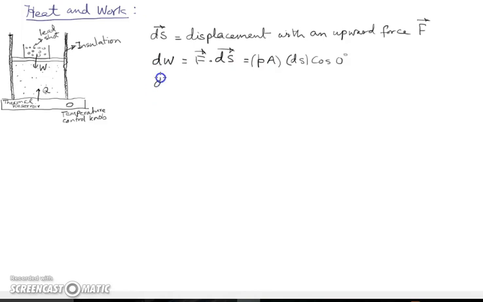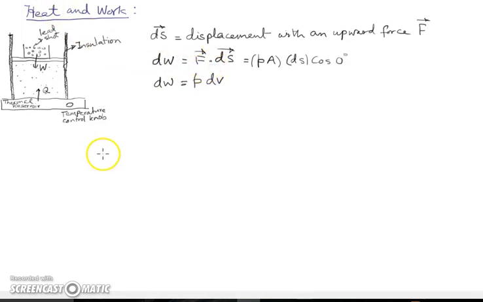So I can say dW, a small amount of work done, is P times A, where A is the area of the piston, times ds, the displacement. A times ds is nothing but the change in volume. So dW is P dV, a differential change in the volume of the gas. And here we made an adjustment: since ds is small, we assume that the force F is constant.